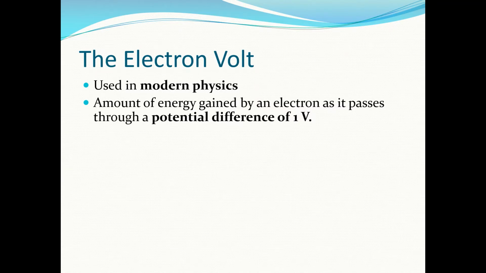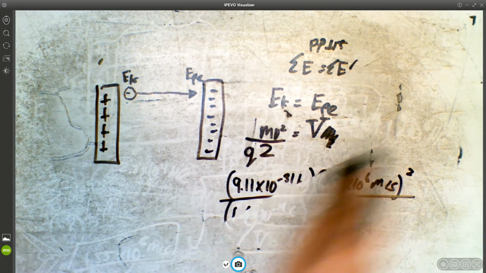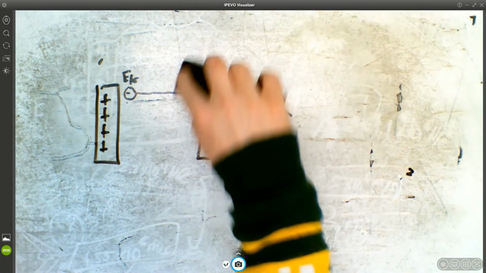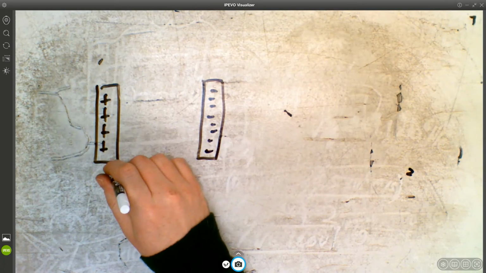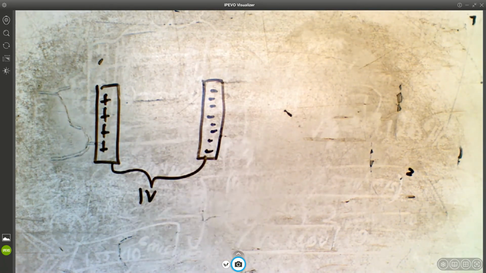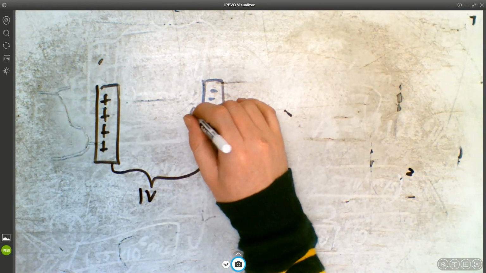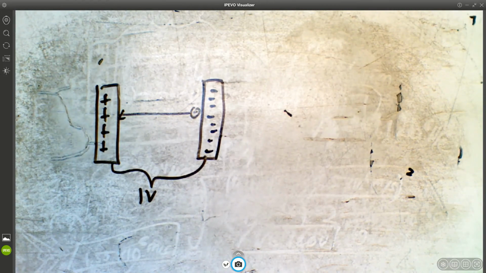So let me explain what that means. If I have an electron, and we have a voltage of 1 volt between these plates, and I put my electron here, and it goes to there, it's gone across 1 volt, right?